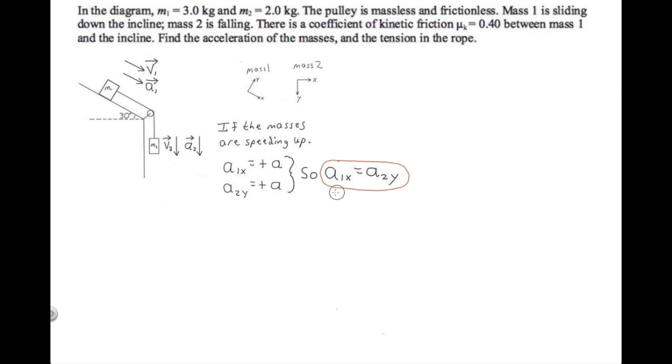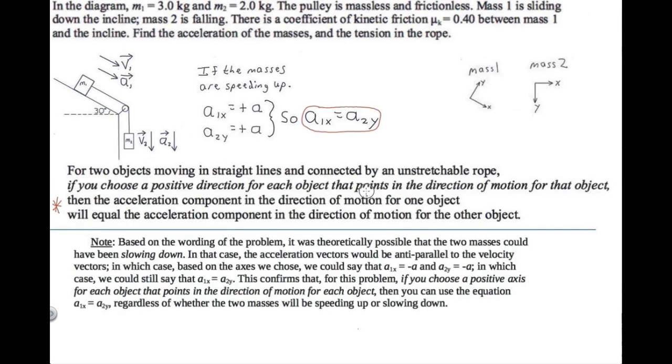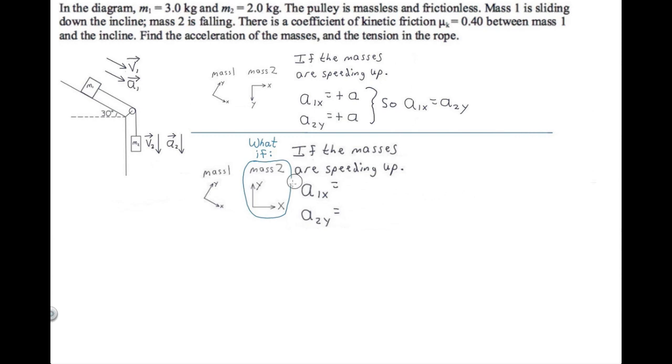So we see that a1x really does equal a2y. So, we've confirmed that this rule really does work for this problem. This confirms that we were correct to use the equation a1x equals a2y in our solution for this problem. Now, what would happen if we had chosen up as the positive y direction for mass 2?